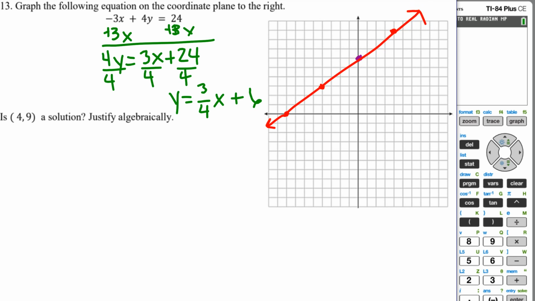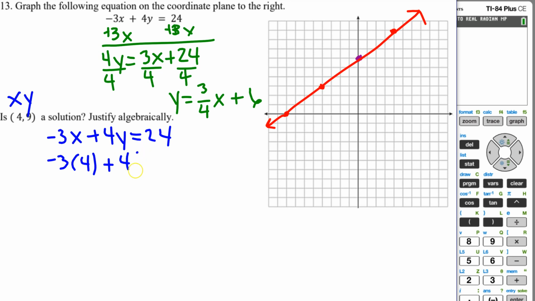And then the follow-up question is saying, is (4, 9) a solution? Justify algebraically. So because it said algebraically, I need to plug 4 and 9 into my equation to see if the left-hand side equals the right-hand side. So I'm going to start with the original. -3 multiplied by 4 plus 4 multiplied by the y-coordinate, which is 9, equals 24.